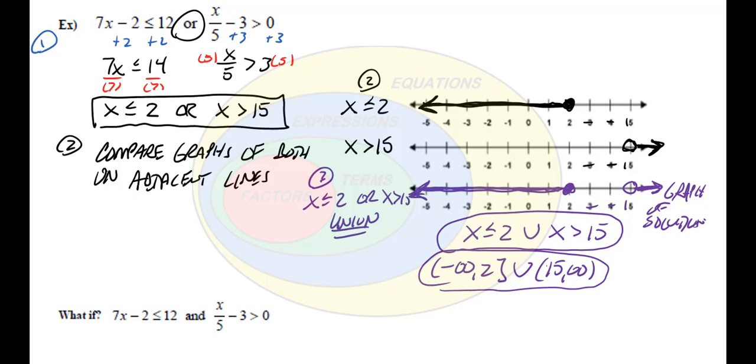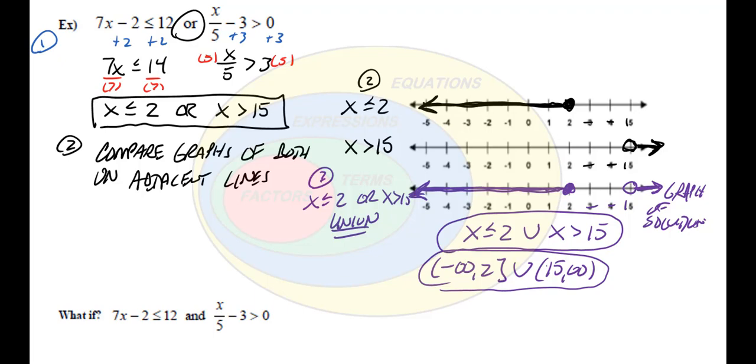All right, at the end of the last lecture, we solved this compound inequality where it was an OR connector, and we ended up with x less than or equal to 2 or x is greater than 15. When we compared the graphs, the OR was a union of both graphs, so the solution involves both graphs.